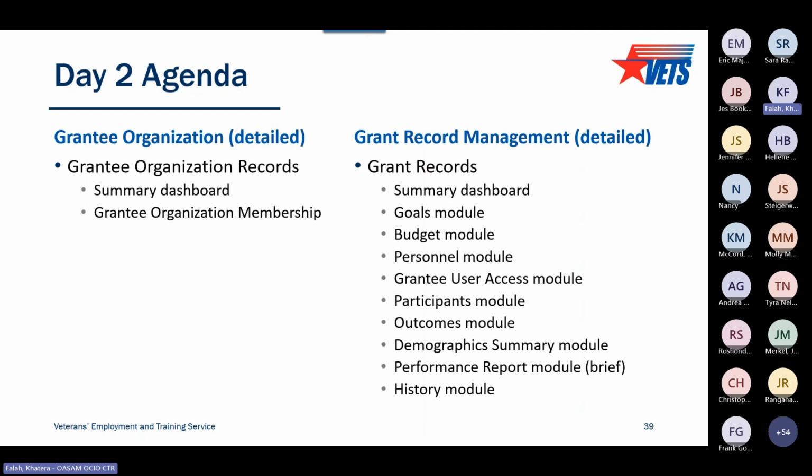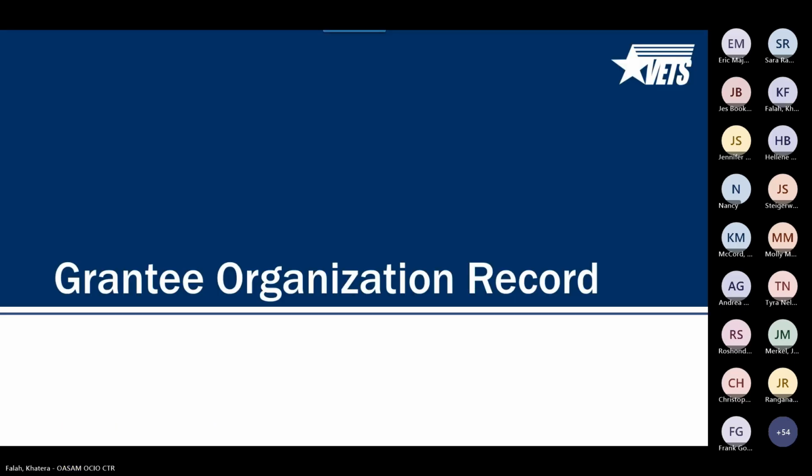When we're in the participants module, we will go over both creating a new participant and enrollment in great detail, and we have 2 examples that we can go along together. So with that, we're going to go ahead into our grantee organization record.